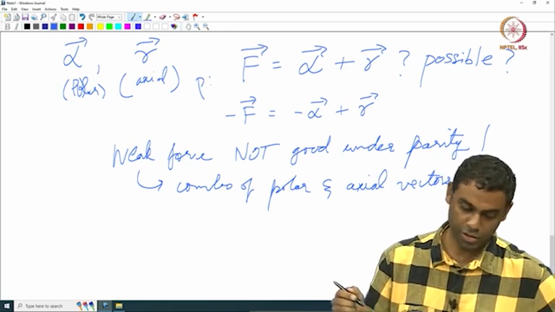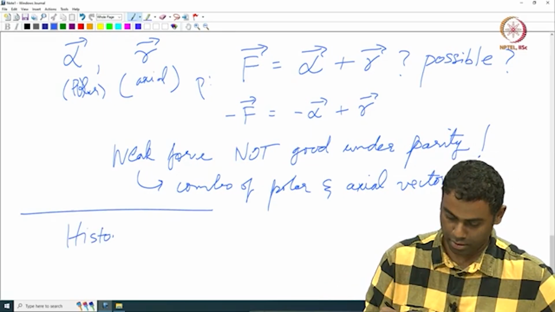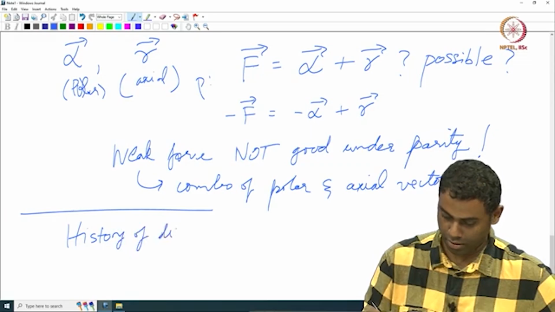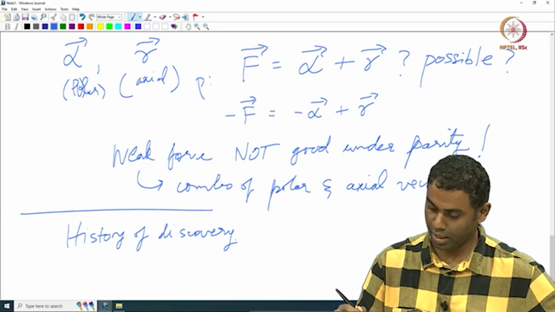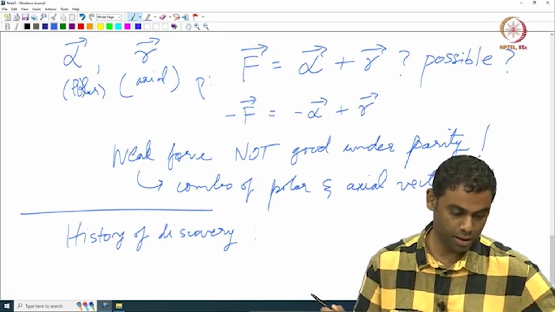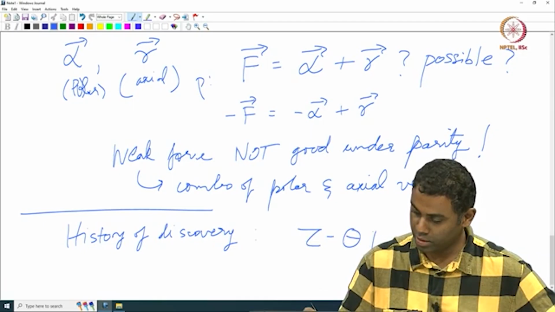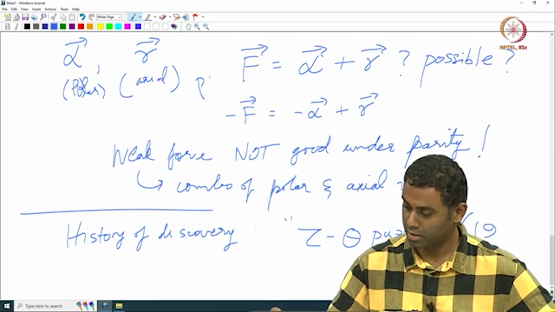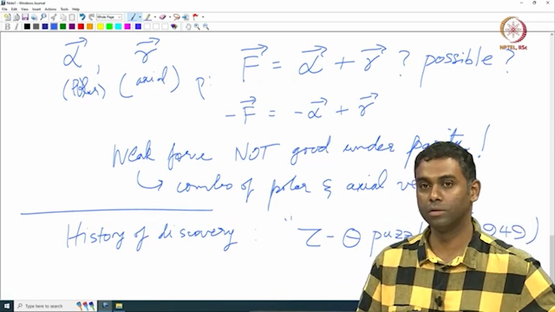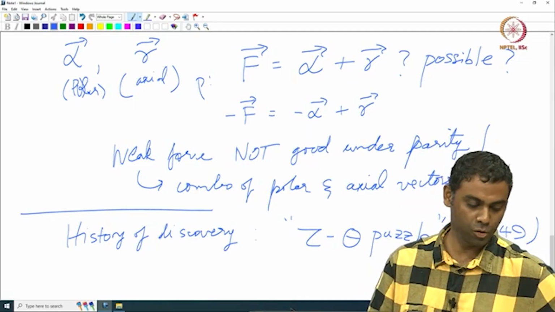So the history of discovery has to do with something called the tau theta puzzle. It was found as long back as 1949. So what is the tau theta puzzle?